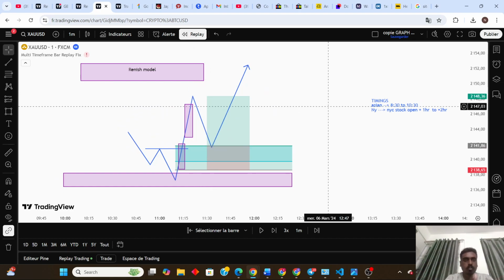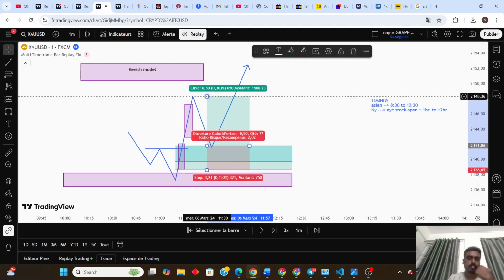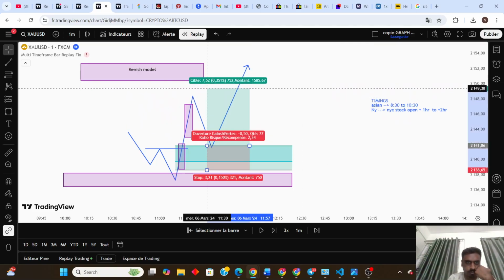See, one of the biggest problems with traders I have seen, and with myself also, when I was trading some random models, is that we can know our stop loss, but how do we know the target? That's the main problem. What are we going to target? Sometimes we will target like this, sometimes this, but that is not a model, right?